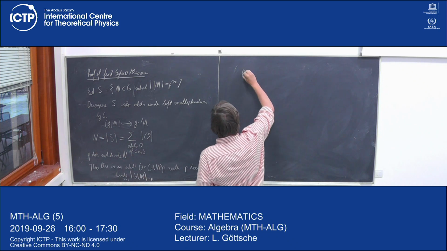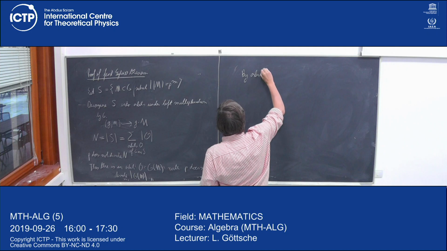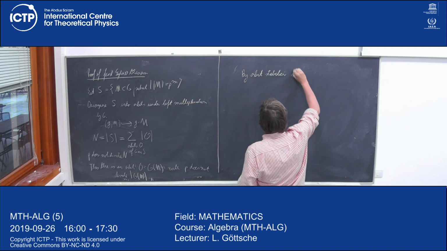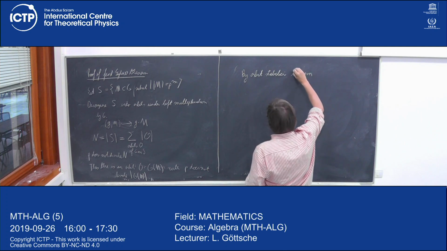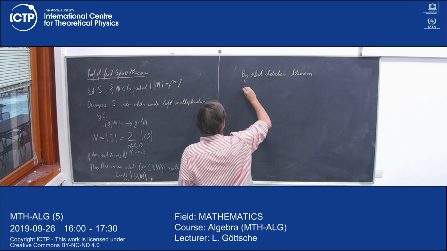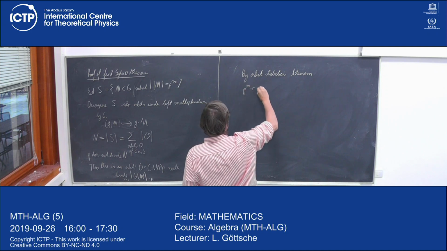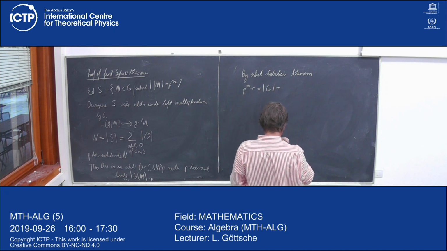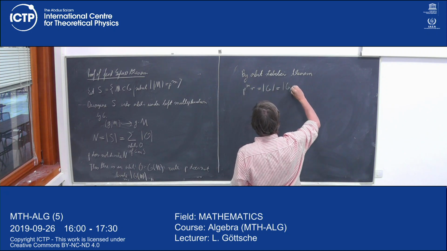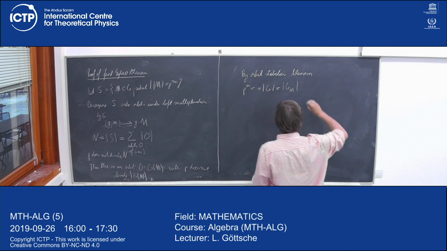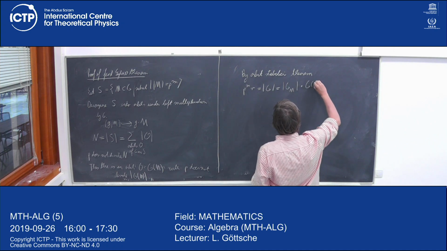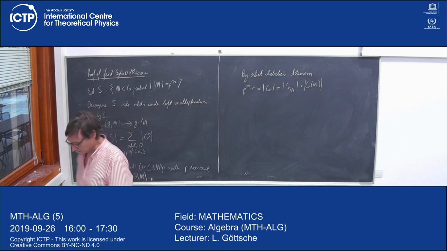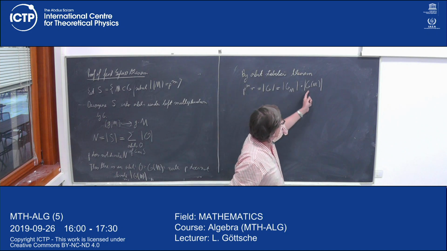So by the orbit stabilizer theorem, we have that this p to the m r, which is the number of elements in G, is equal to the number of elements in the stabilizer of M times the number of elements in the orbit. But the orbit size is not divisible by p.